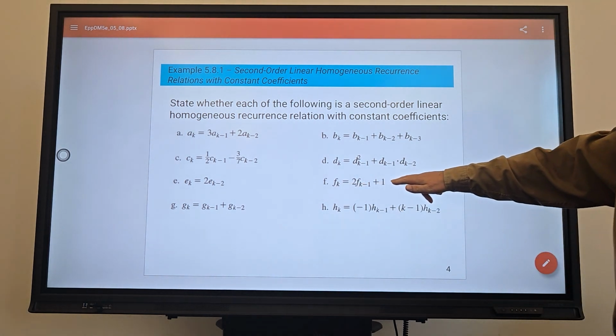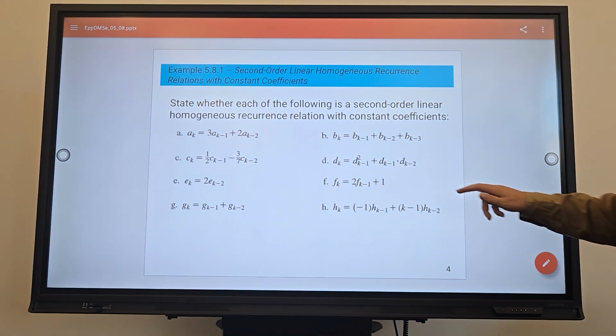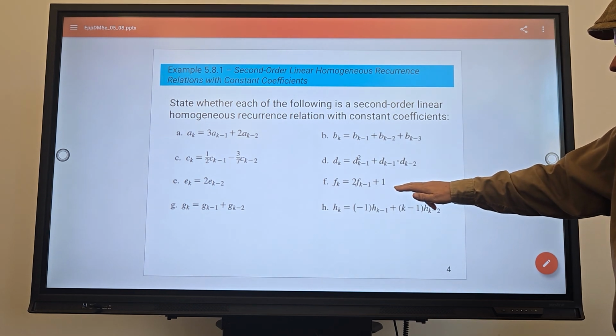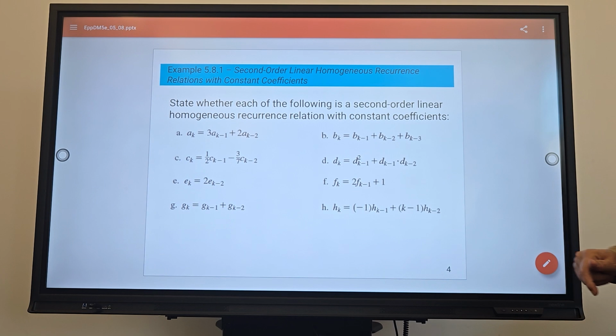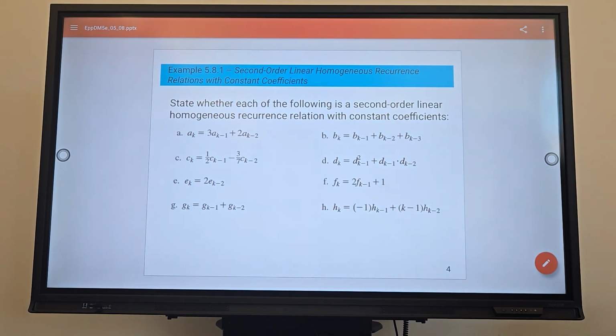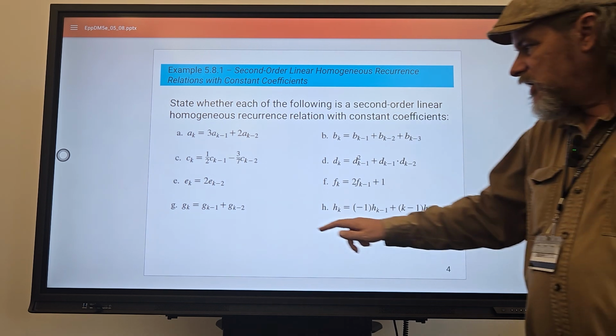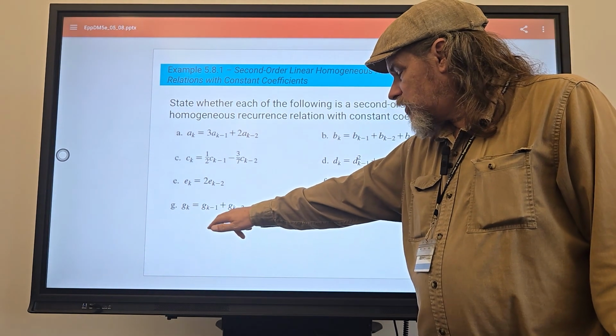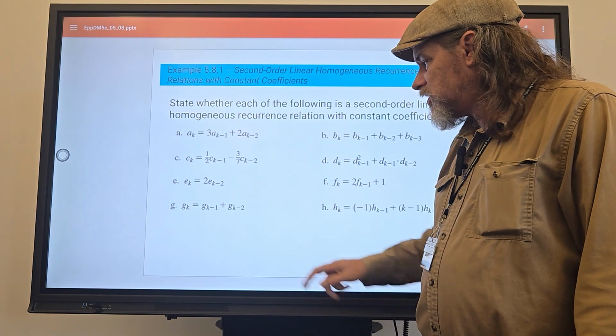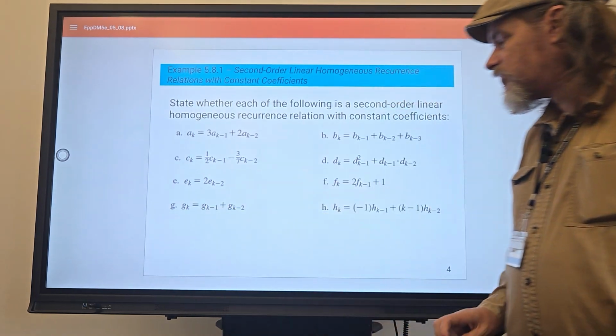F, there is no second term with f sub k minus 2. So this one would not be a second order recurrence relation. G, yeah, A and B are just one, but it satisfies the requirements.